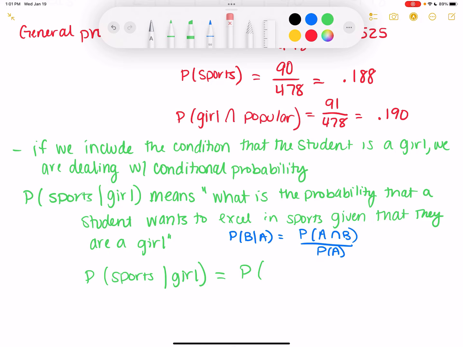B is the first thing that's listed. This is backwards because it's A and B, it really doesn't matter, but I like to try to follow it. So the probability of a girl intersect with sports, that way I keep my A and B in the same spot, and the A that's going on the bottom is whatever the first thing listed is. So over the probability of it being a girl.